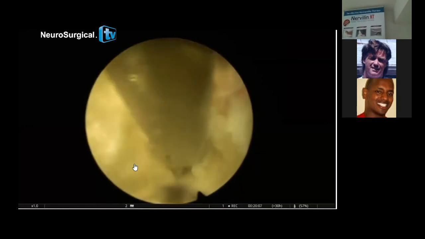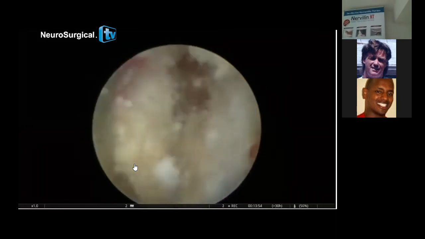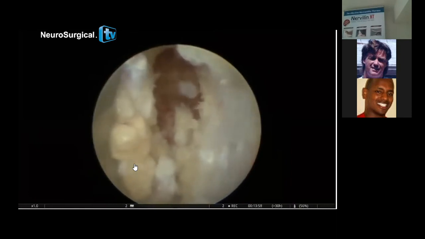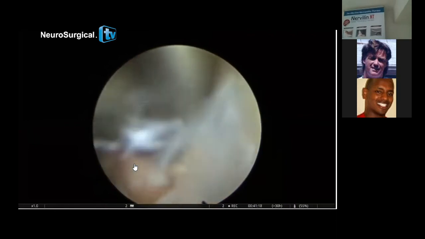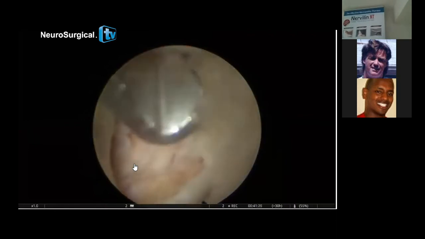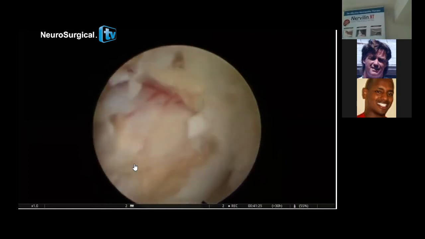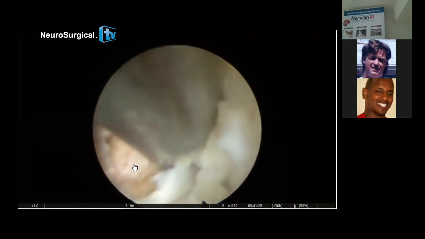Take some superficial ligamentum flavum, enter in, again go lateral, just this place you have to dissect. It's very important.